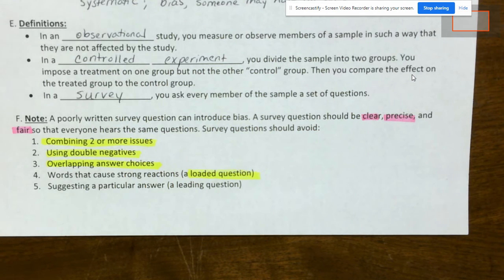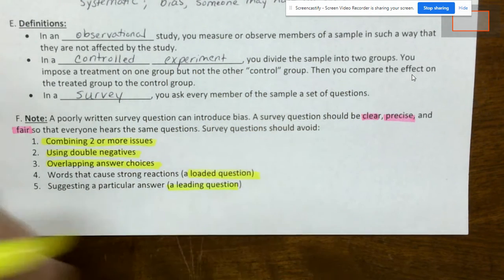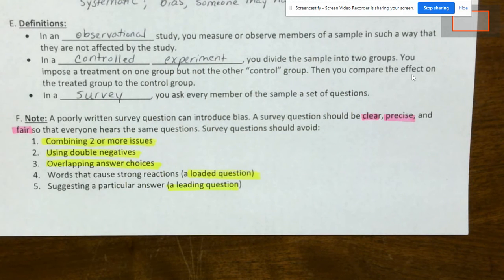You don't want to give them any idea of what they should think. You want them to be able to think on their own for what the answer should be. And then the last thing is to avoid a leading question. In other words, you wouldn't want to start a sentence with, don't you agree? Because then you're already saying, hey, you should agree with this. So you don't want to ask them a leading question either.